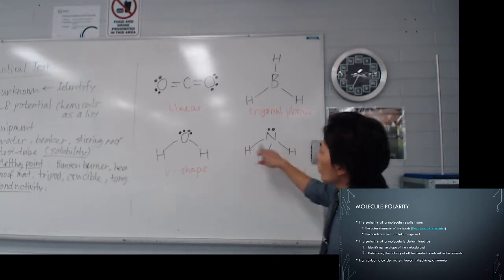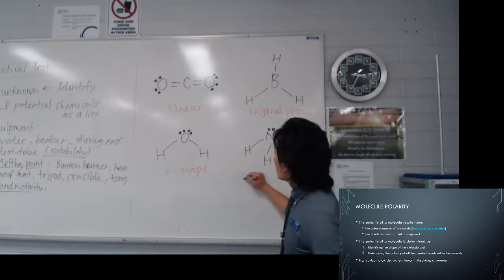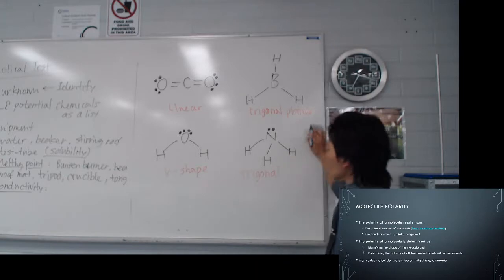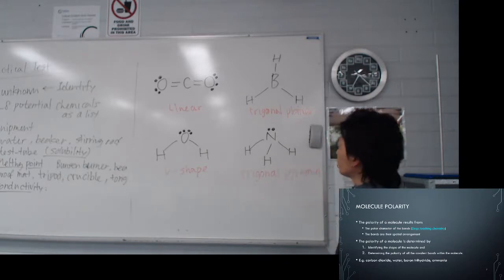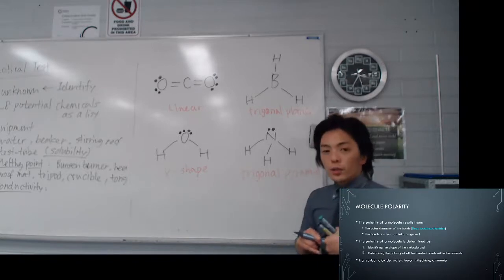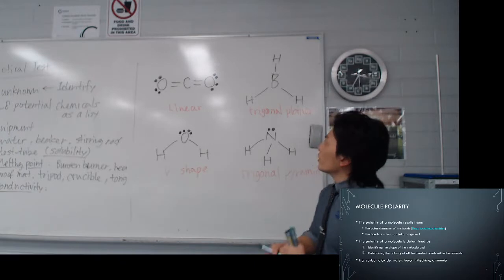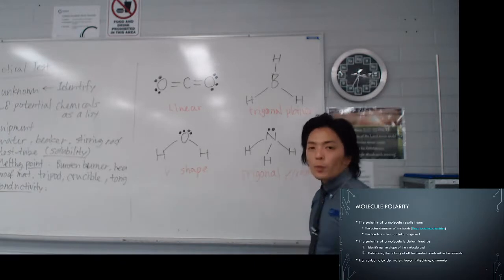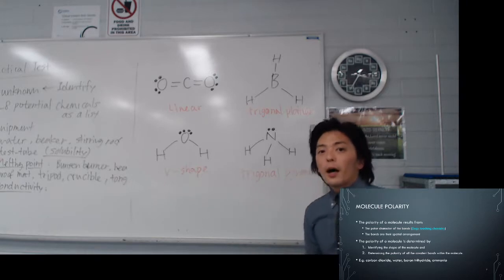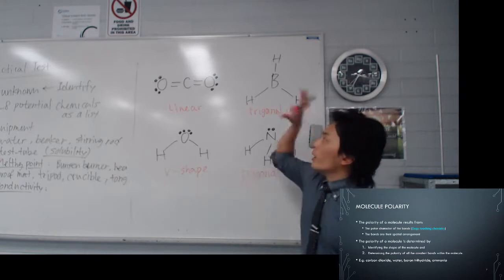Because it's got a triangular bottom, it's a trigonal pyramidal shape, trigonal pyramid. Alright, so the shapes of the molecules are done. Now what? You have to look at the bond polarity, then use that information to find out molecular polarity.